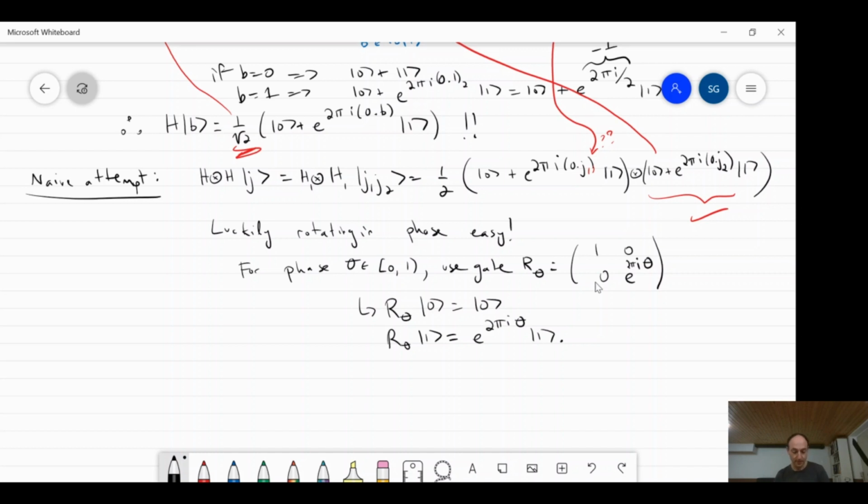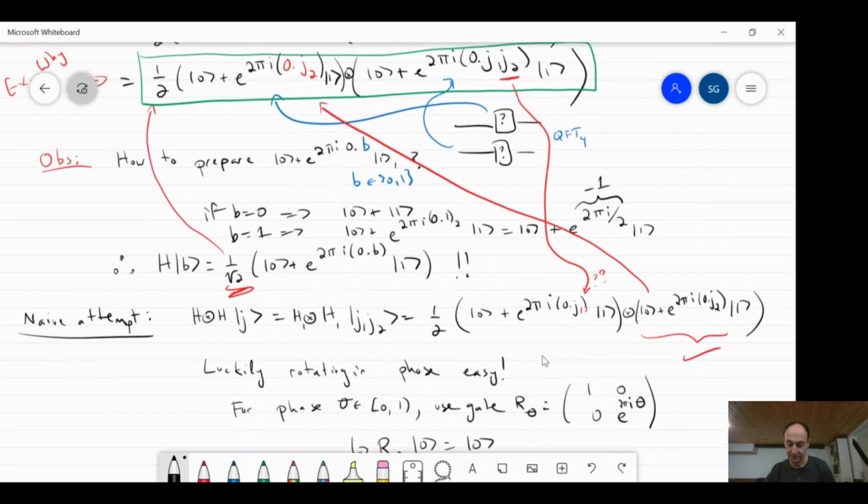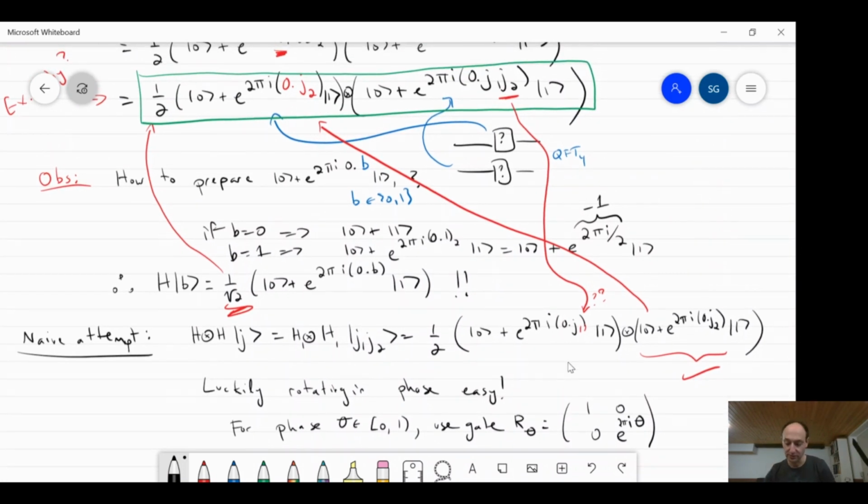Okay. And so what you can do is you can try to insert a phase, right? So there's a slight complication, which is that I have this expression here, but I'm looking for this one, right? I'm missing the J2, right? So here I need to rotate in J2, right? So I can do that using a phase gate, right? I can just inject that in here as a relative phase.